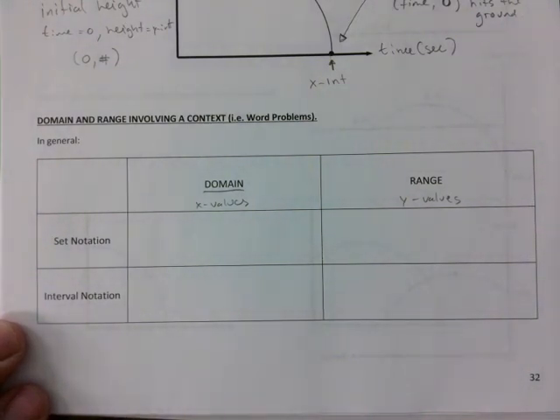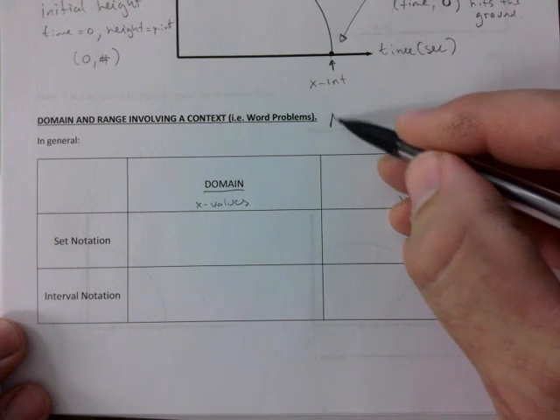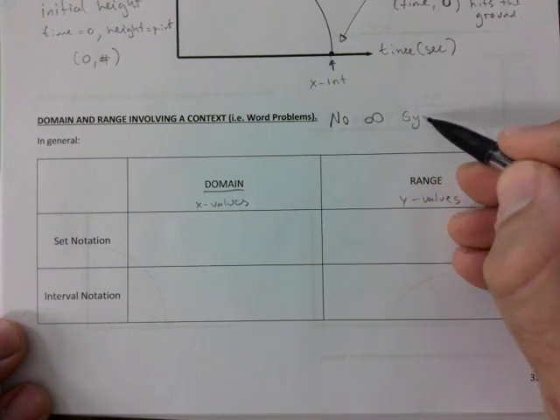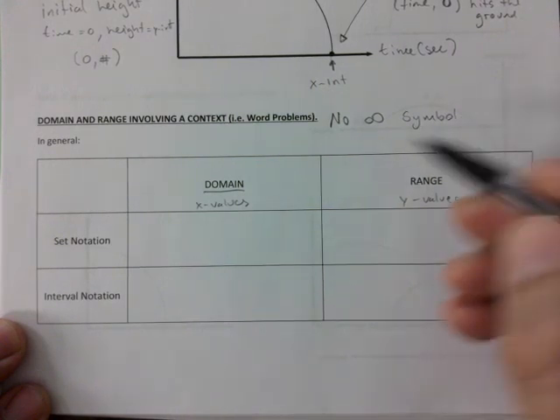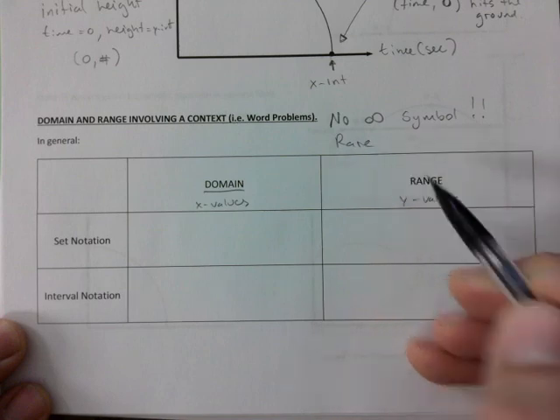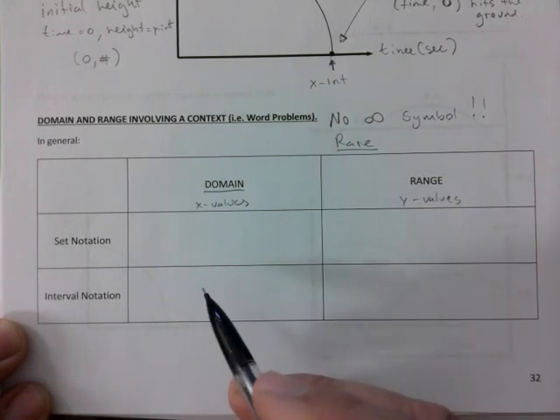You're basically saying, hey, where does the graph appear along the x-axis and where does the graph appear along the y-axis? I will say this, no infinity symbol, right? This is rare. So keep that in mind.